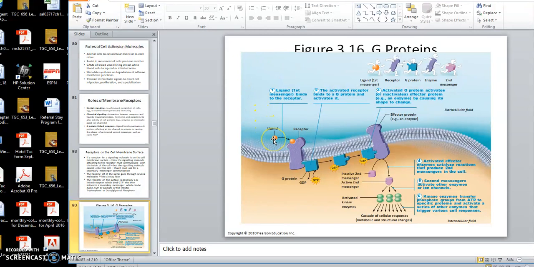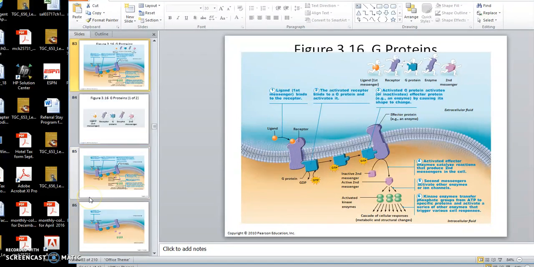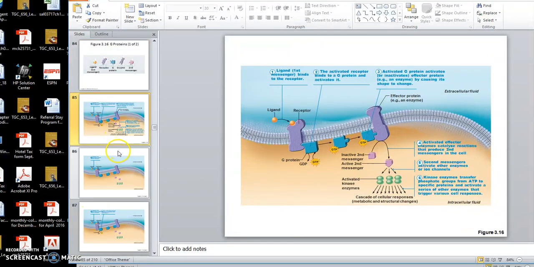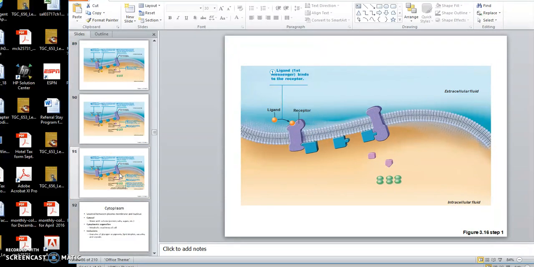Remember, a ligand is any substance that can bond to a receptor. That's the first. But then you make a secondary, like a butler, to go on the inside, because you, as the ligand, cannot go all the way in and go into the nucleus. So we call that a secondary messenger.